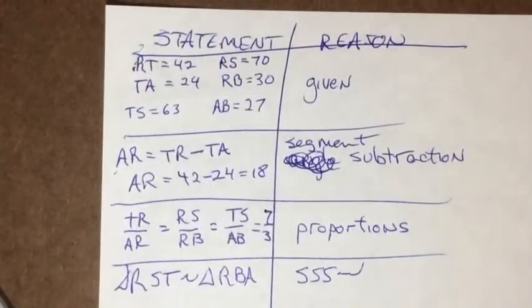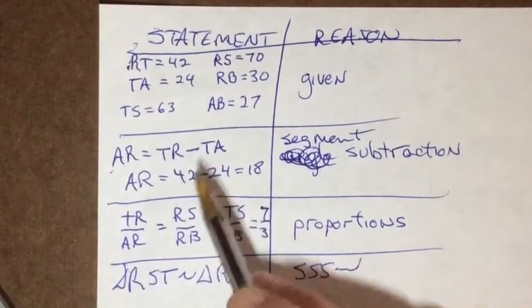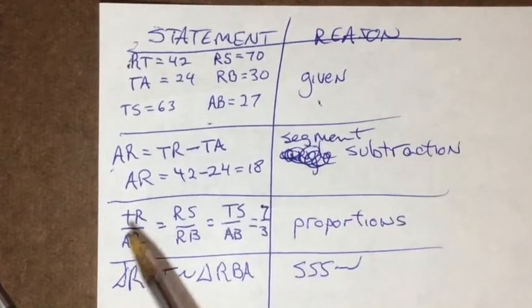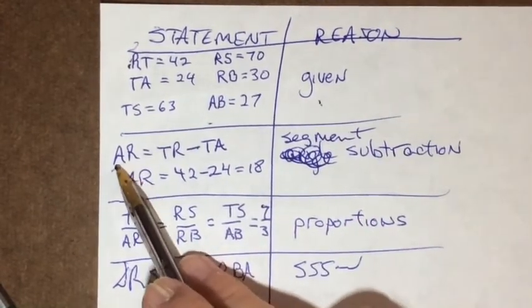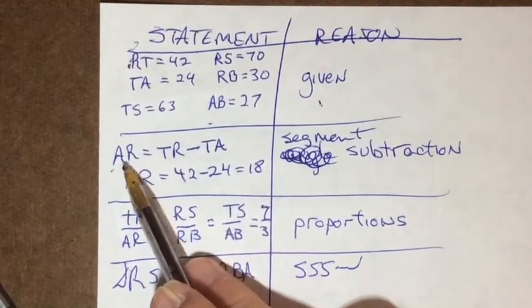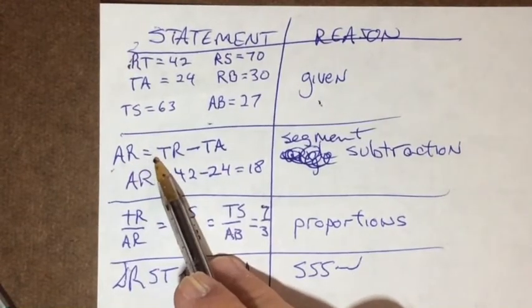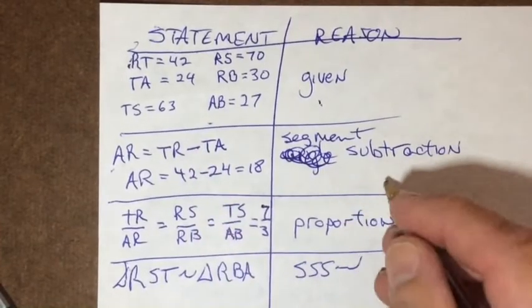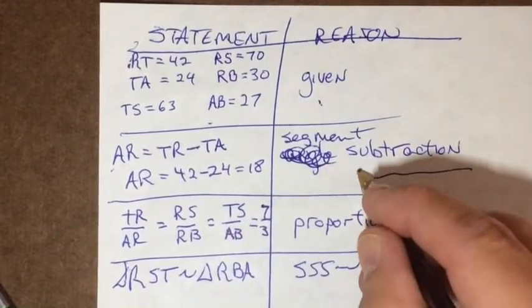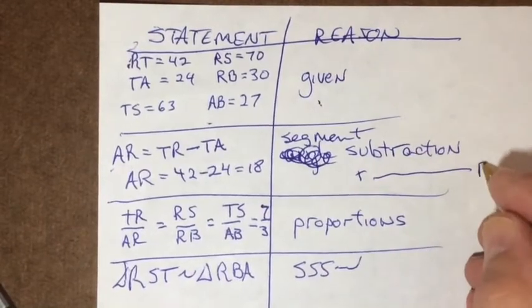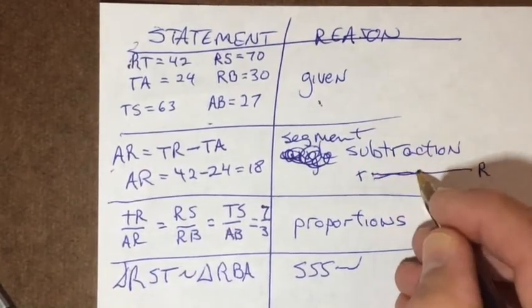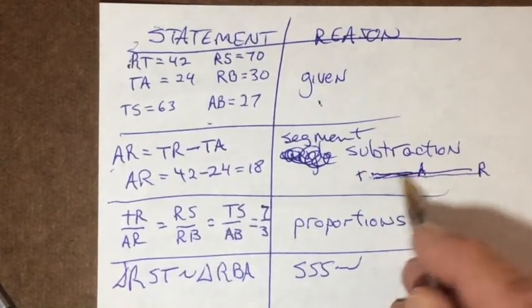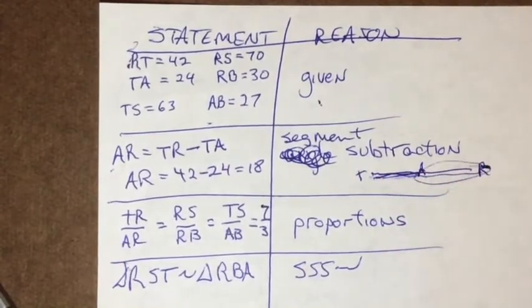For number 15, this is what you were given, and it's not exactly what you needed because you were missing the side length AR. But you could figure it out because you knew what TR was and you knew what TA was, right? So if you know that this is TR and you know that this is TA, if you take this length and subtract this length, you're going to have this length.